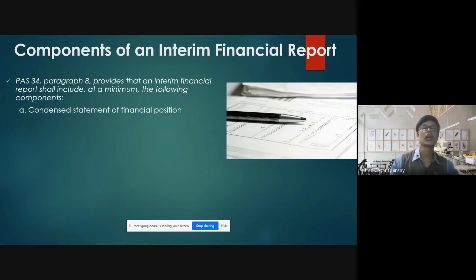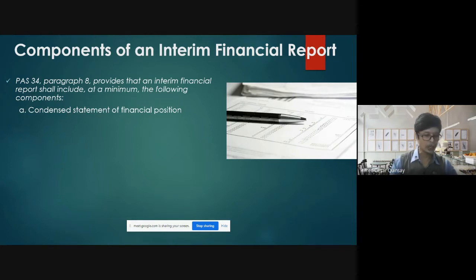Okay, so letter A, condensed statement of financial position. When you say condensed, it means that each of the headings and subtotals presented in the entity's most recent annual financial statement is required. But there's no requirement to include greater detail unless specifically required.